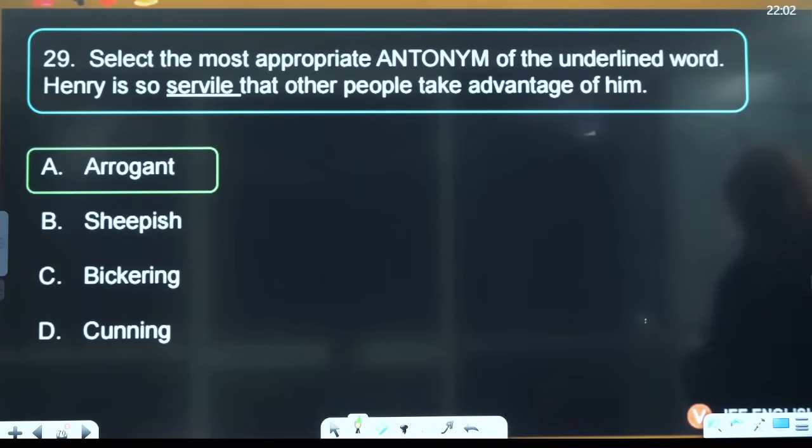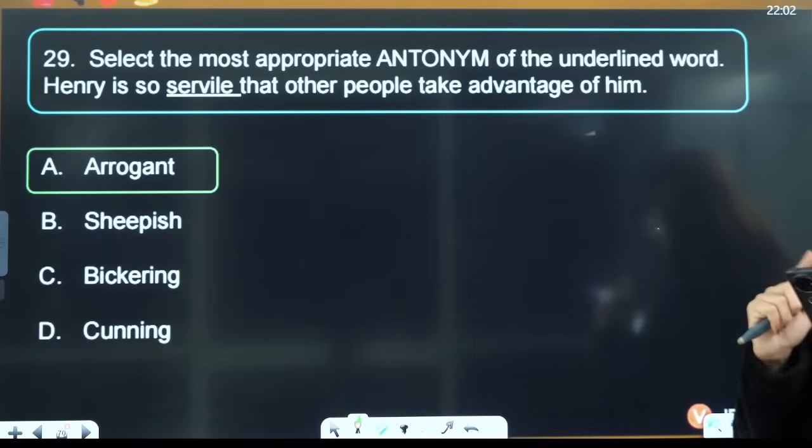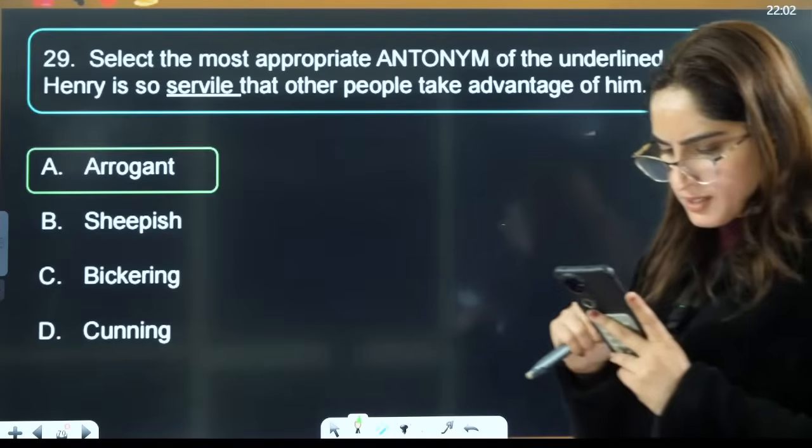I think the opposite should be cunning. Servile means showing an excessive spirit of humility, unseemly.